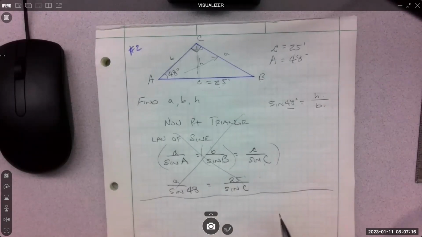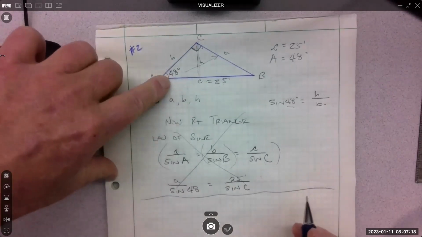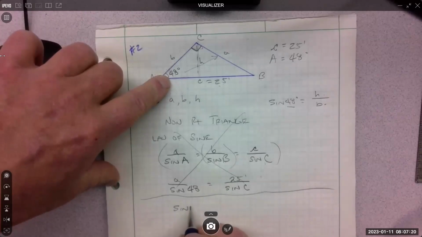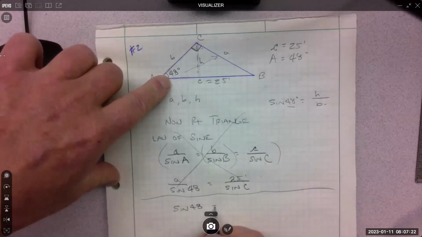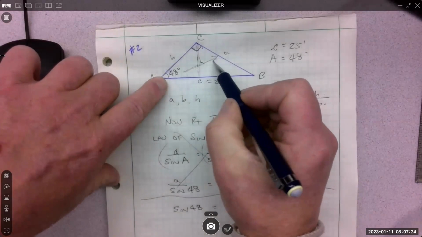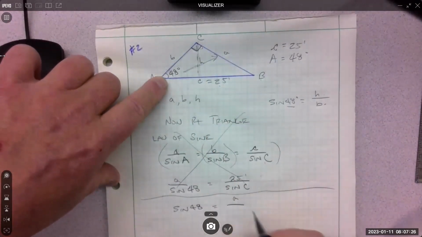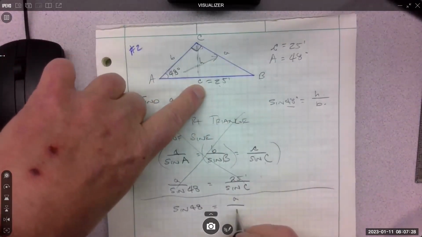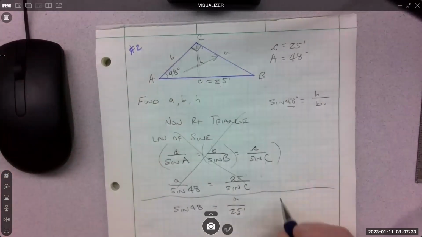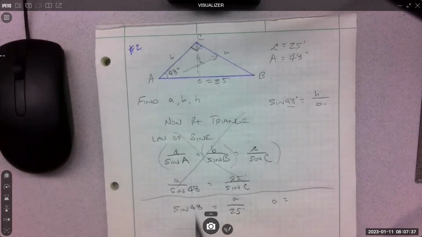Nice. So sine of 48 equals opposite A over hypotenuse 25. A equals, how do we solve that?